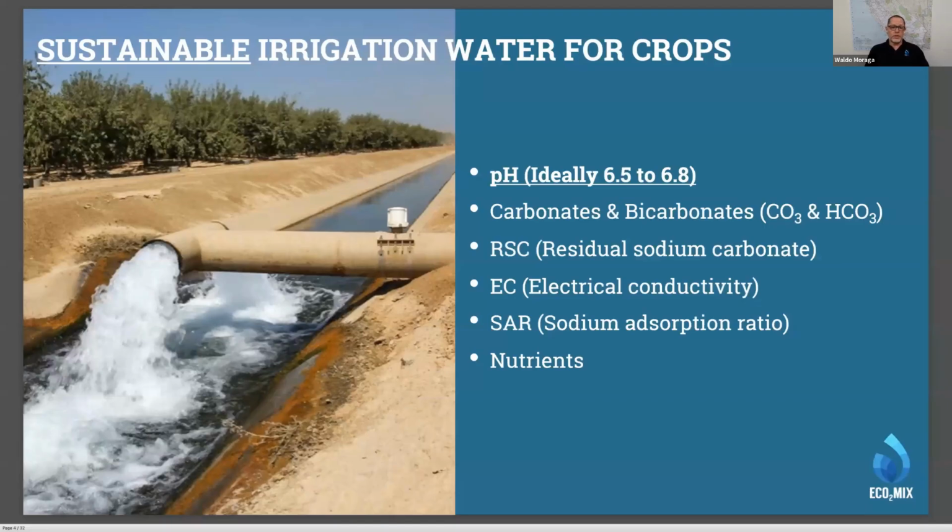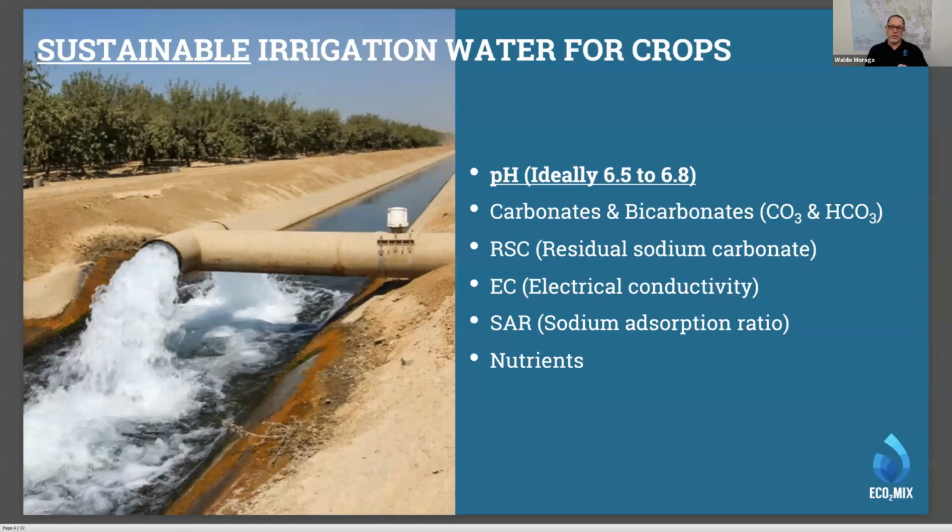What we usually try to do is find the most sustainable irrigation water for our crops, right? We get a lot of information in those analyses: carbonates, bicarbonates, RSC, electrical conductivity, SAR, nutrients, all those. Today, we're going to focus only on pH.